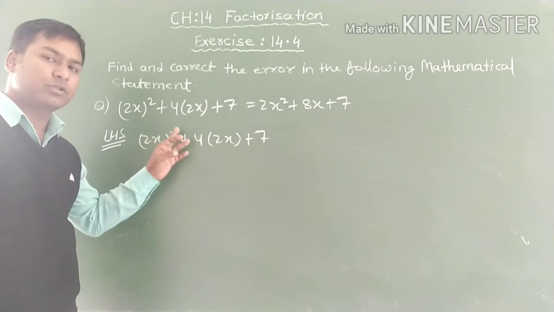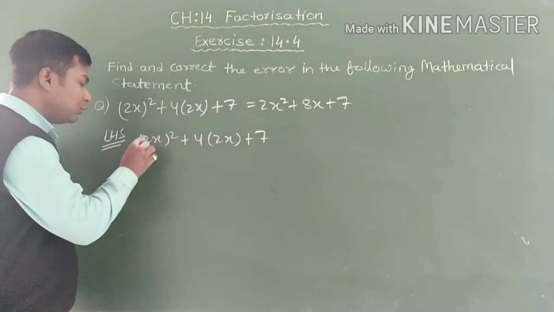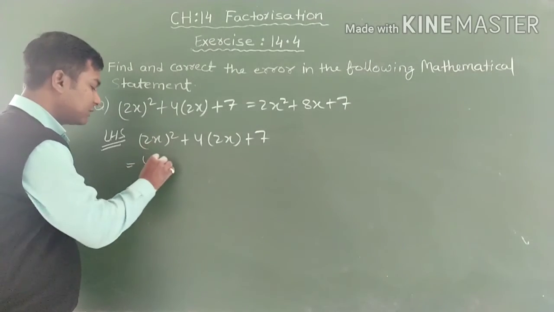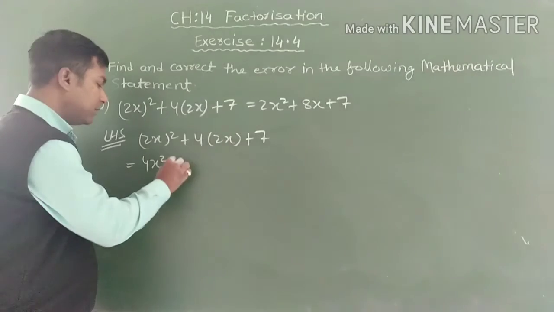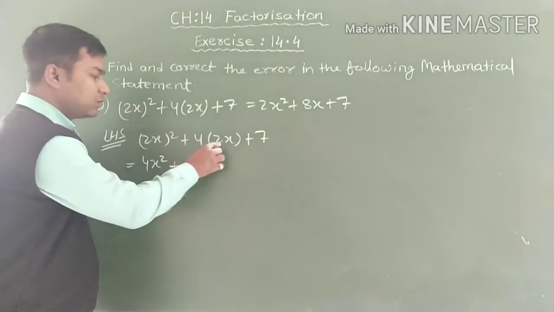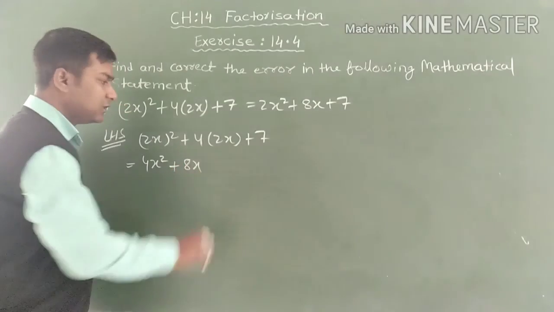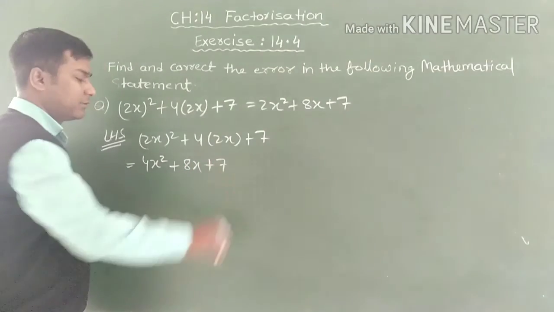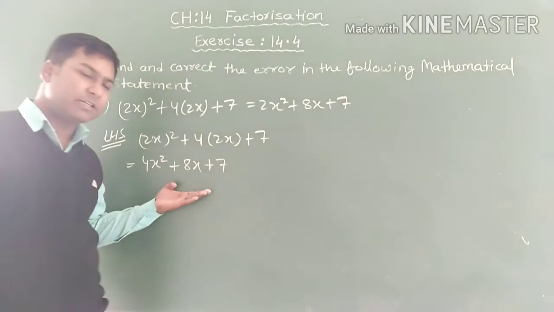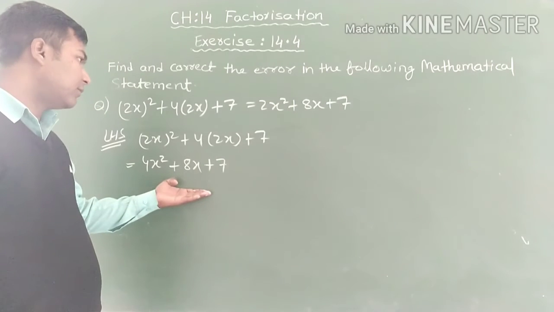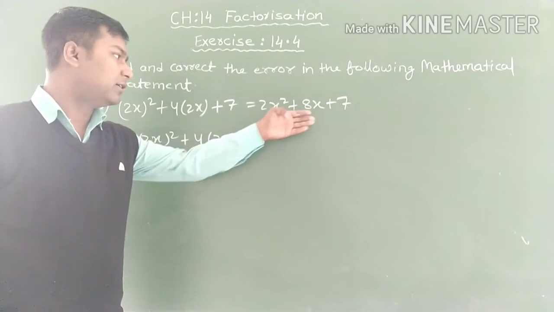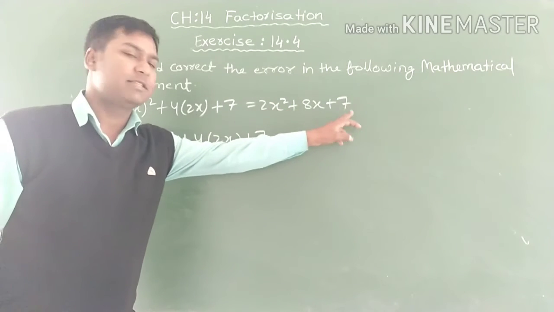So 2x whole square. So we can write 2 square, that is 4, and x square, that is x square. 4x square plus 4 into 2x, that is 4 2s are 8, 8x in here plus 7. Okay, so this is the simplification, and what is given here, the RHS part, 2x square plus 8x plus 7.